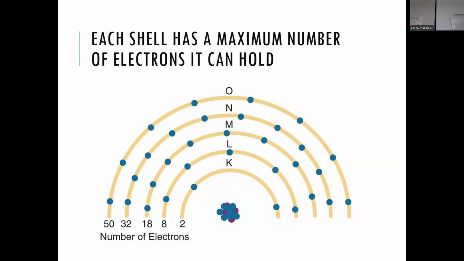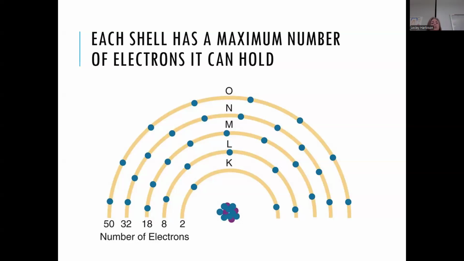You're not going to have to memorize a lot of shell letters and the number of electrons that they hold, but K should stick in your brain because that shell with the orbiting electrons will be related to specific kinds of radiation and scatter that we talk about.